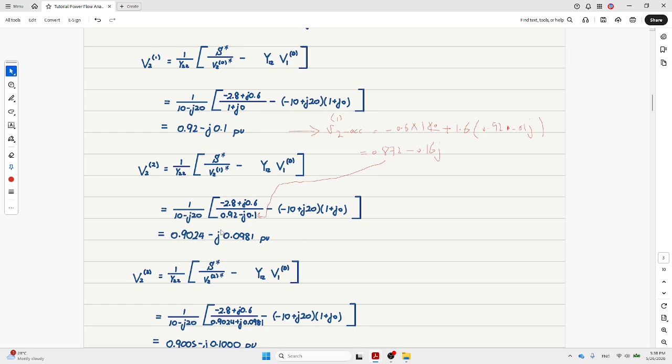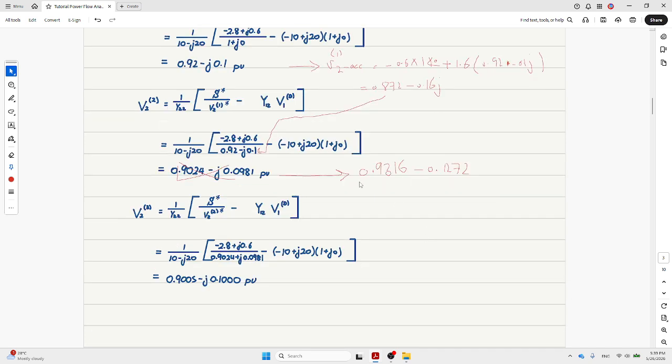So the value here is changed to 0.9316 minus 0.1272j.